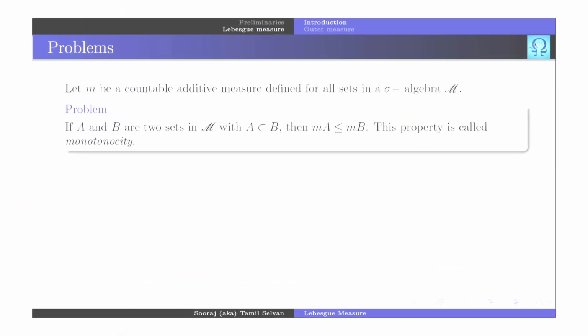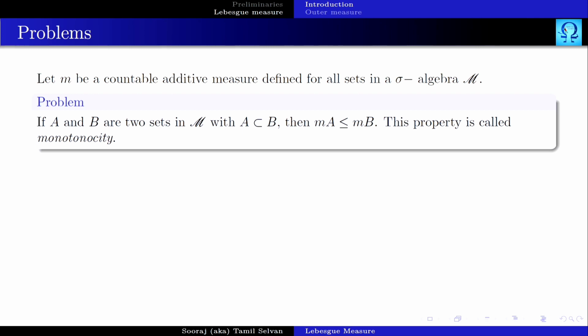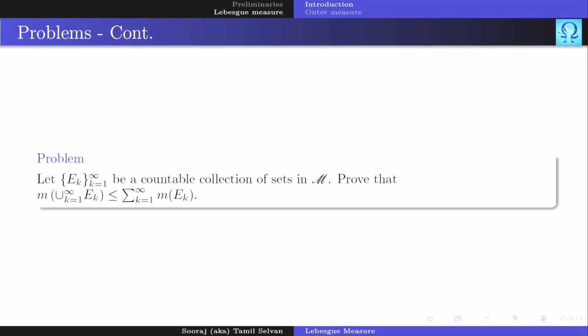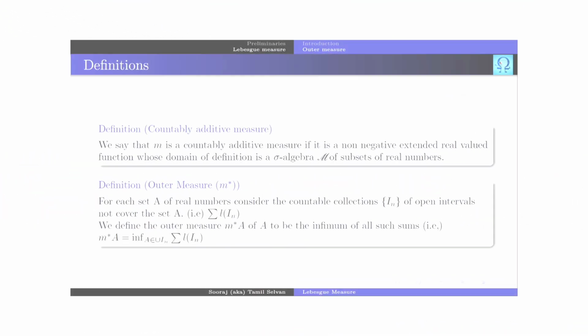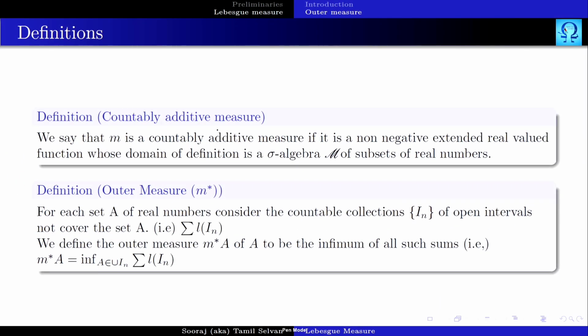Now let us try to work out some problems based on the definition that we have seen. Here, we are given that M is assumed to be a countably additive measure. First of all, I must tell you what we mean by a countably additive measure. The measure M is said to be countably additive if it is a non-negative extended real valued function whose domain is a sigma algebra.